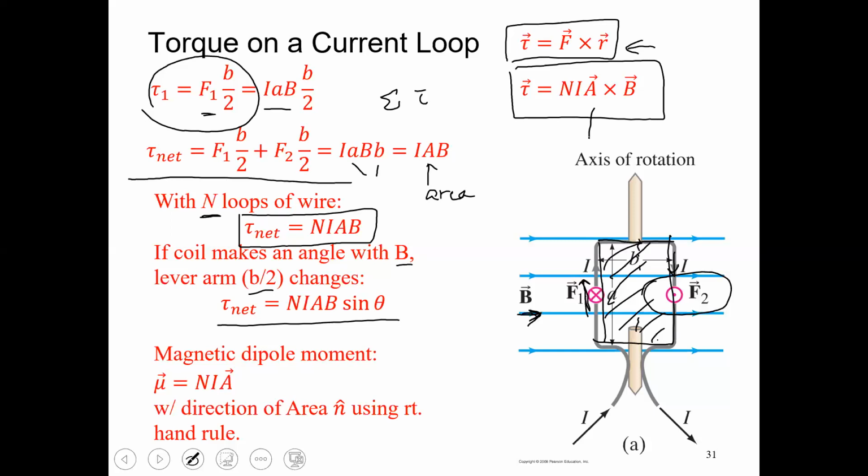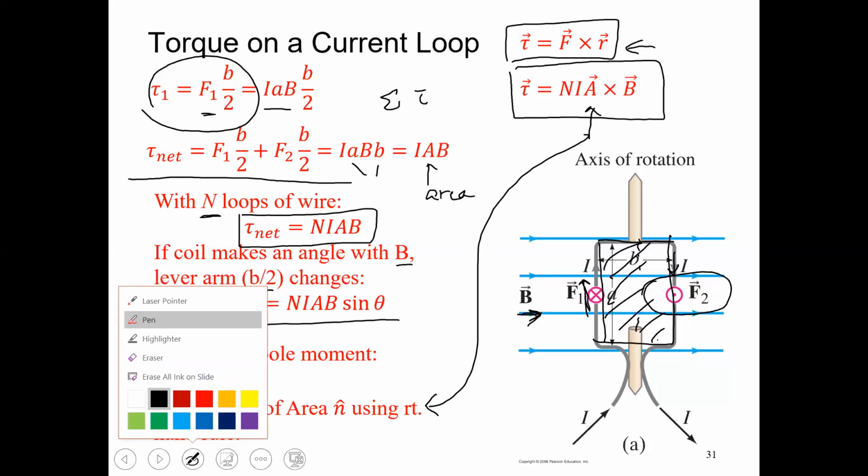Now here we've assigned our vector quantity to A. That, if we look down here at the bottom, is the area, the normal of the area, using the right-hand rule.